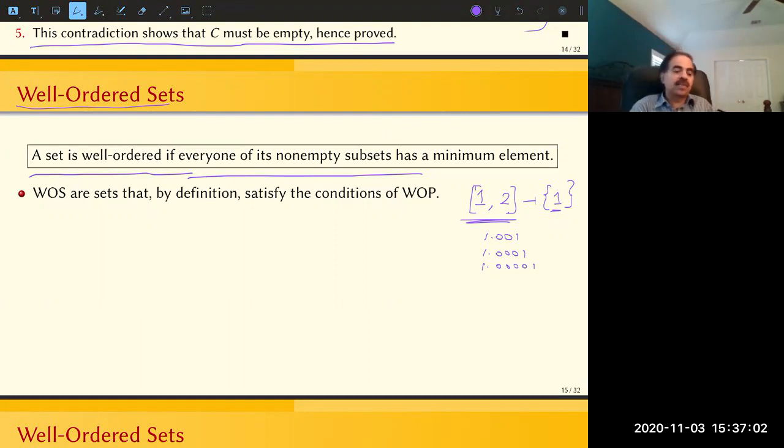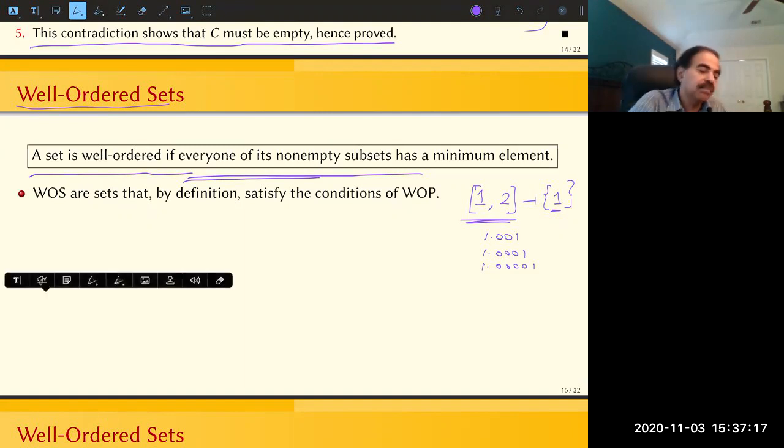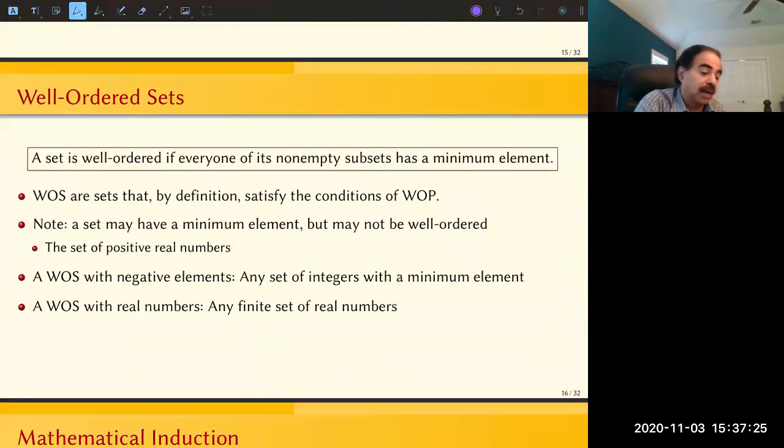So this is why we have this condition that every subset must have a minimum element in order for the well ordering principle to be applicable. So the well ordering principle is applicable to any well ordered set.